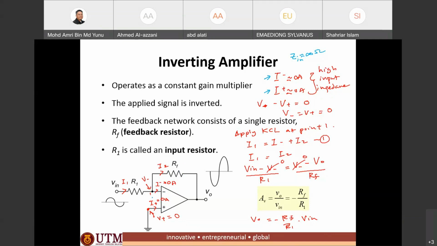So let's go through how to derive the equation of an inverting amplifier. Basically the output of the inverting amplifier is the inverse of the input multiplied by the gain, which is the ratio of RF over R1.